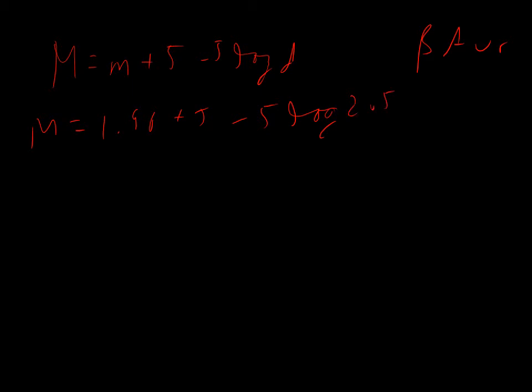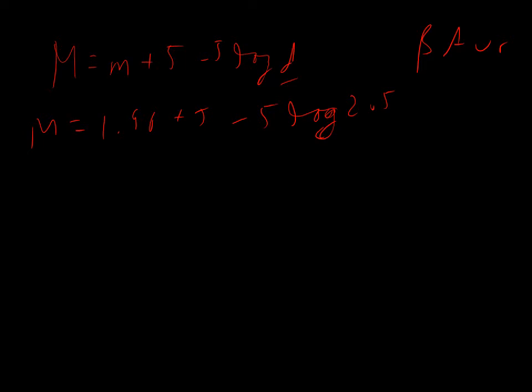So this has to be in parsecs. Well, how do you find the log of 2.5? Well, guess what? There's a button on the calculator that does that. Okay, so log of 2.5 is 0.398.